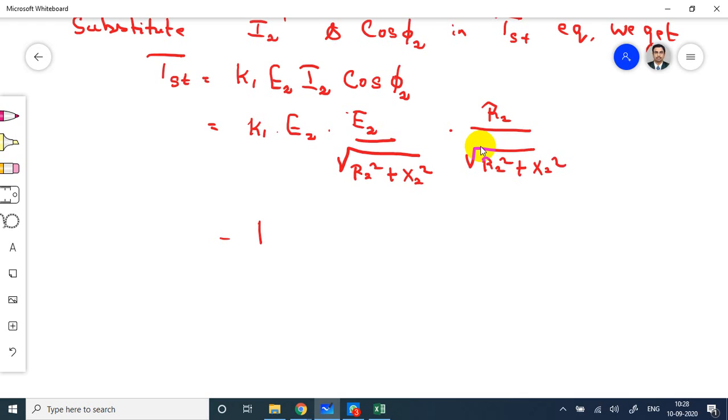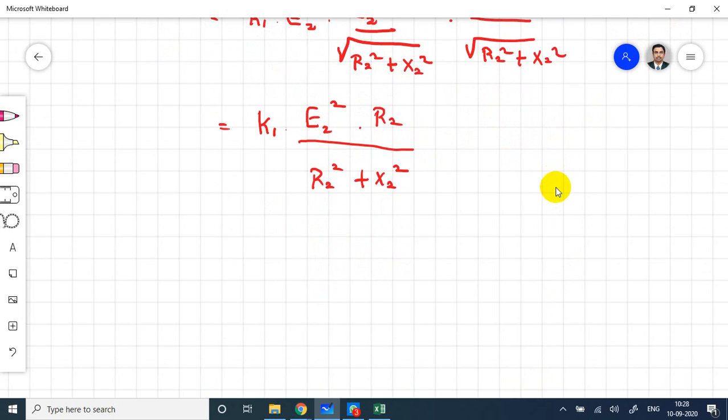Again K1 into E2 into E2 gives E2 square, into R2 divided by square root of R2 square plus X2 square into square root of R2 square plus X2 square, which gives R2 square plus X2 square.